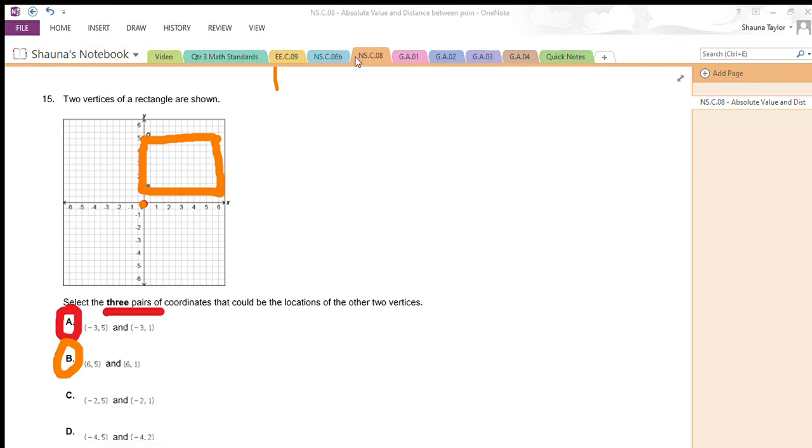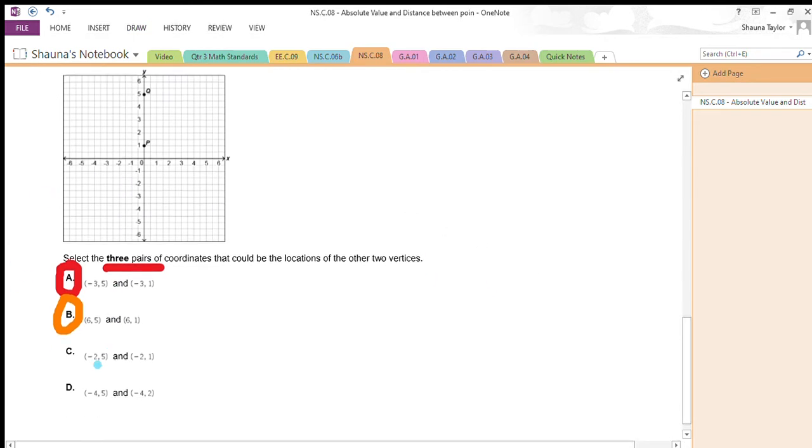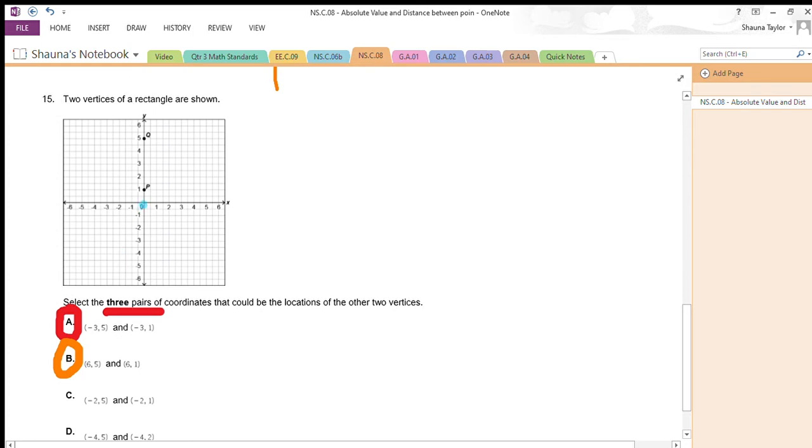Okay, next one. Let's see. Let me try a blue. Alright, so the C says -2 and 5. So I start at my origin. So I go -2 and then up 5.